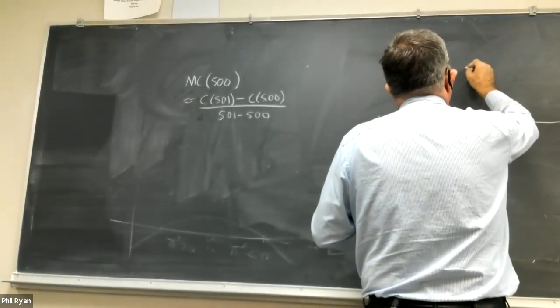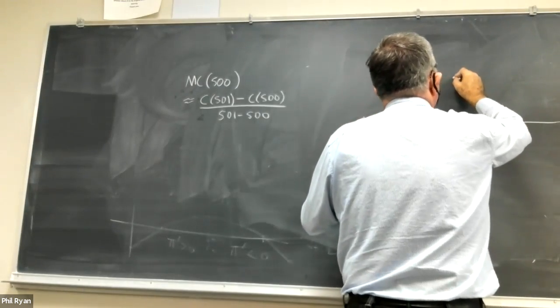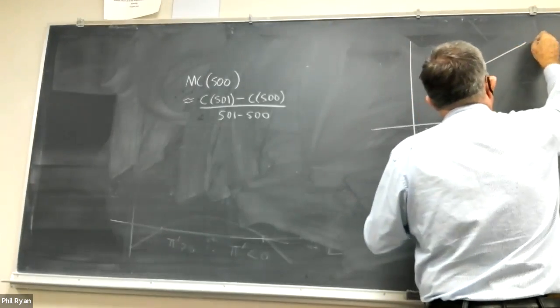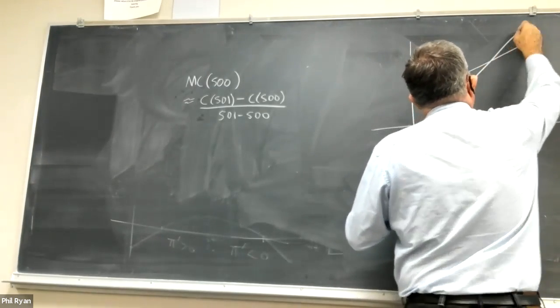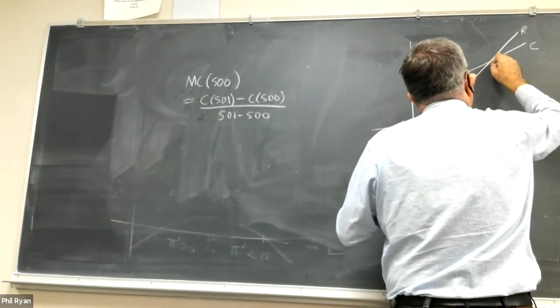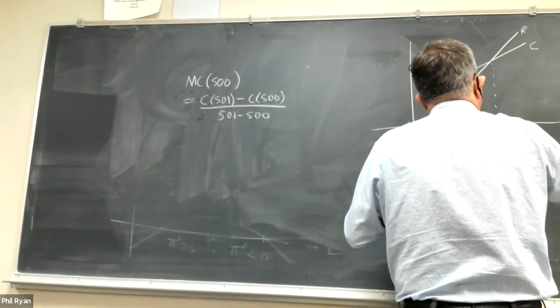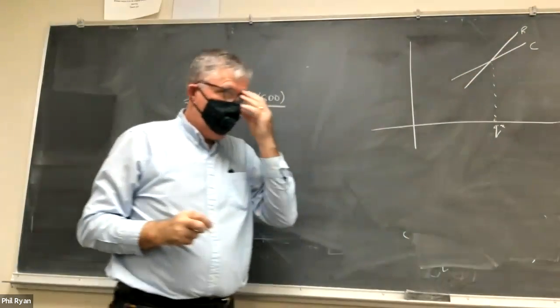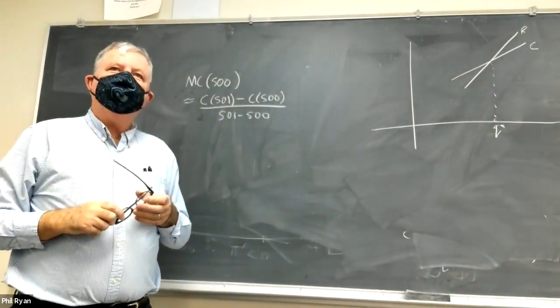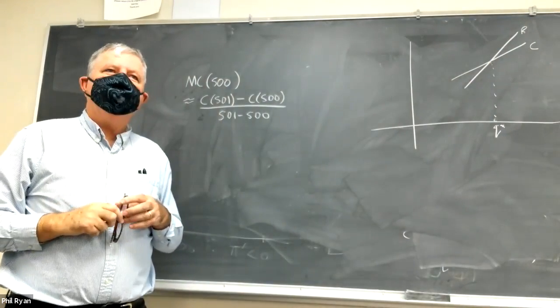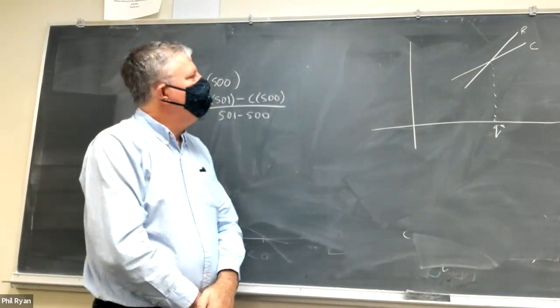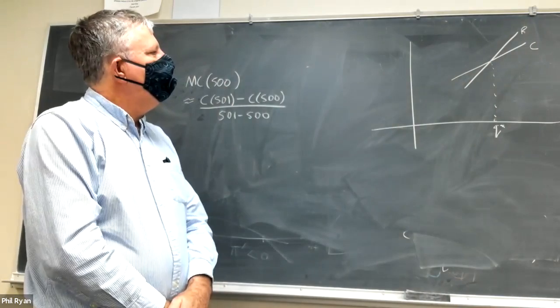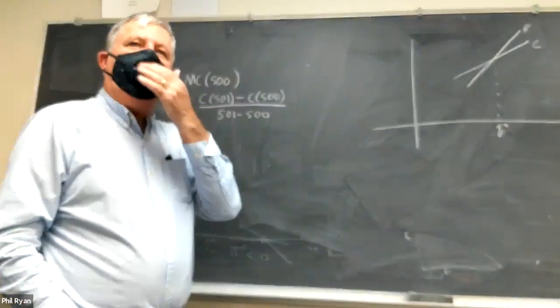So let's say we're just looking at a piece of the cost curve now. We've got the cost curve here, and we've got the revenue curve here, and we're at this point here. What should the firm do? Should the firm increase production?